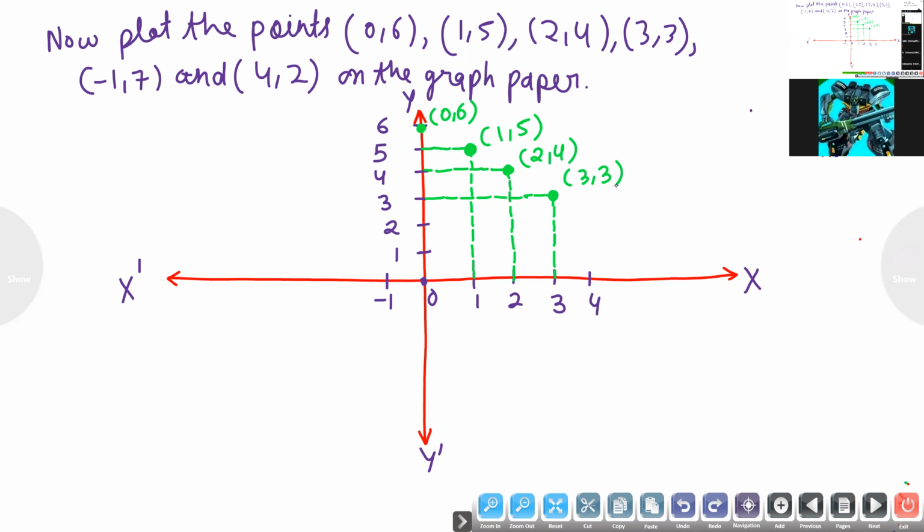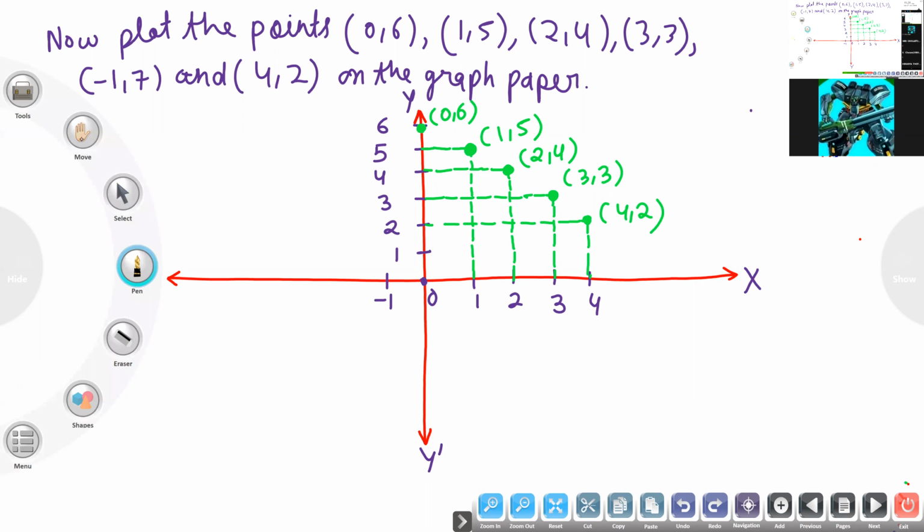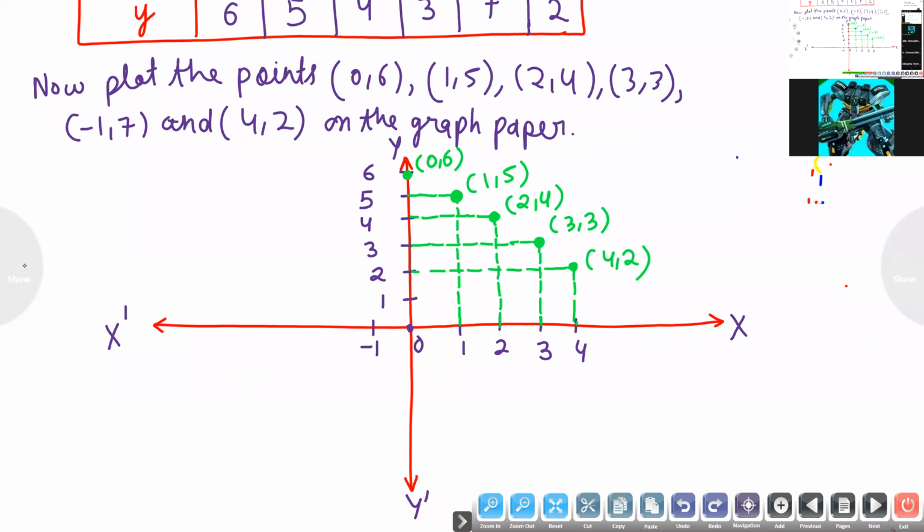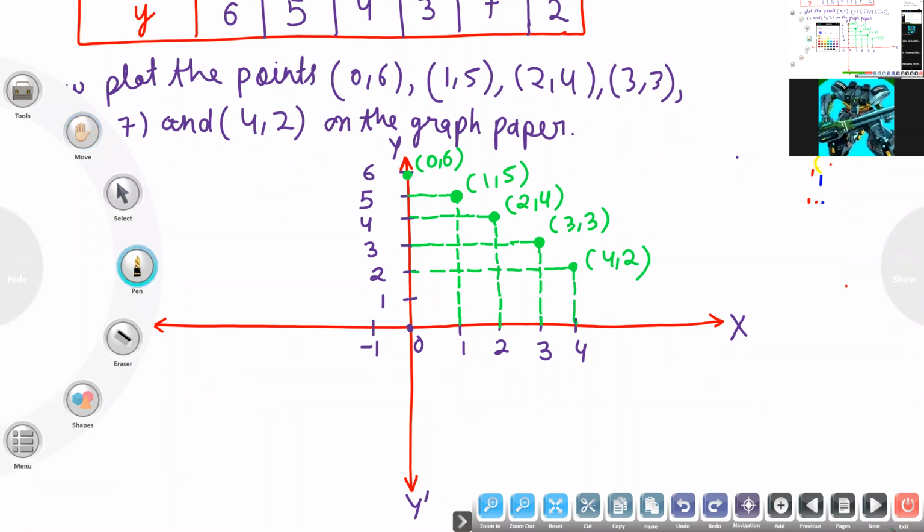One more point I am taking. X is 4, y is 2. 4, 2. One more point is there, -1, 7.